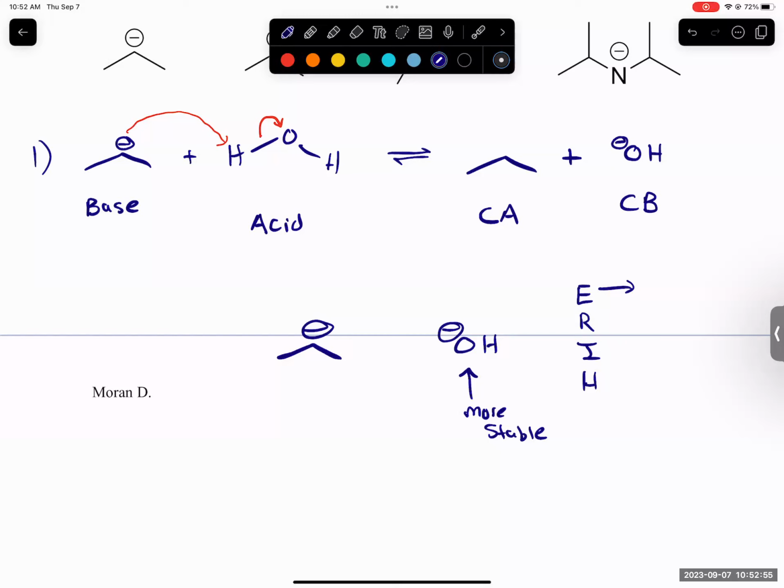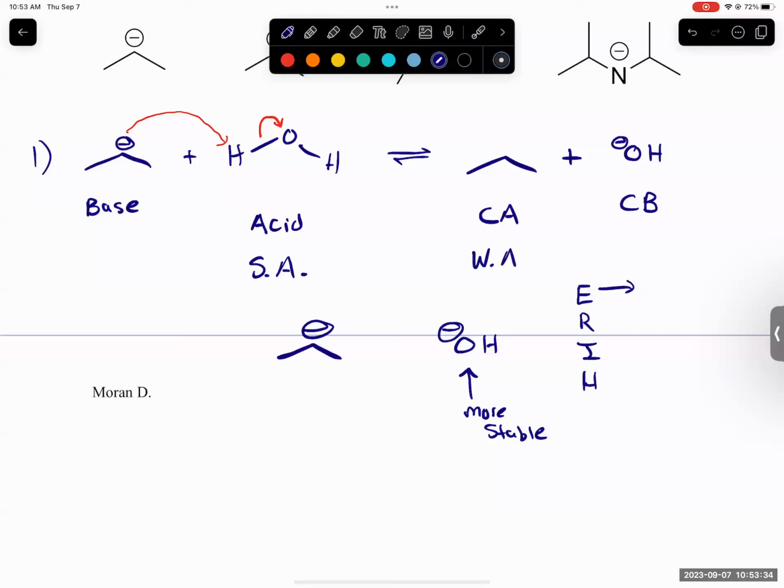Which means it came from the stronger or weaker acid. If this is more stable, it came from the stronger acid. So which one's the stronger acid? Water. So which means the other acid in this problem must be the weaker acid, right? In this case, that is propane, because it's a 3-carbon chain.